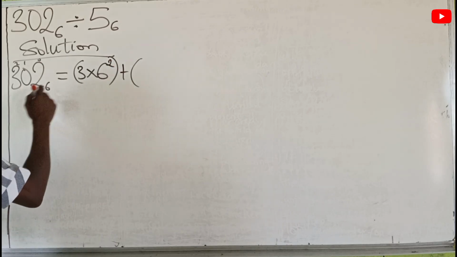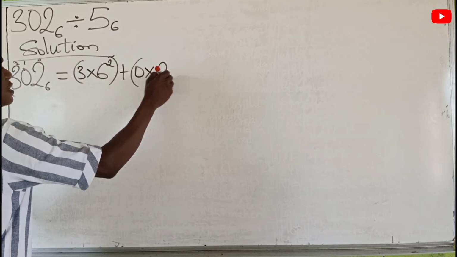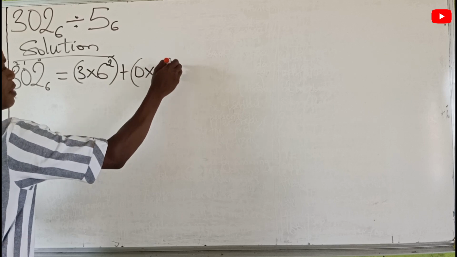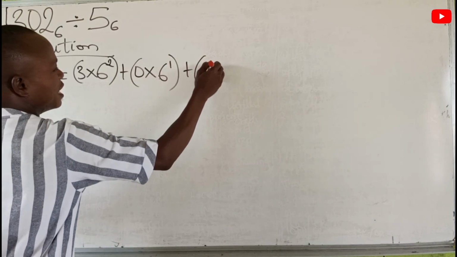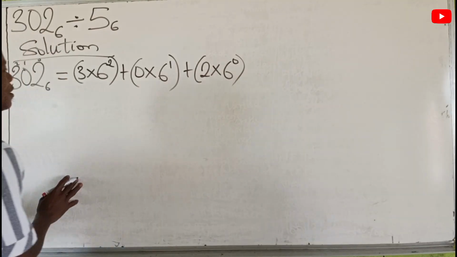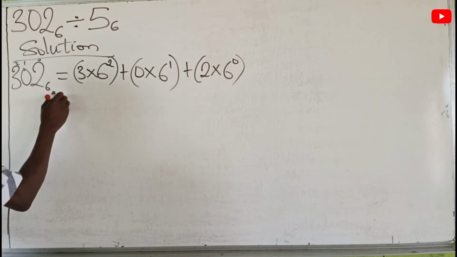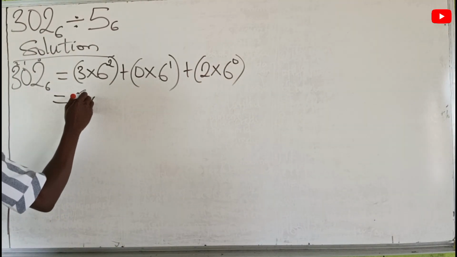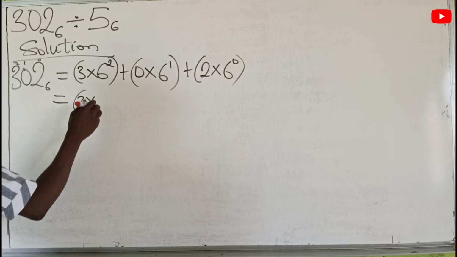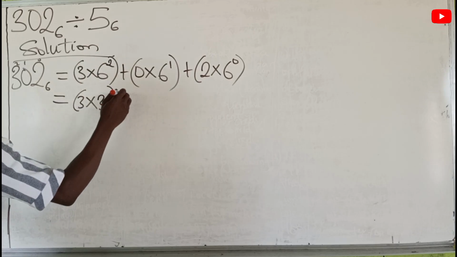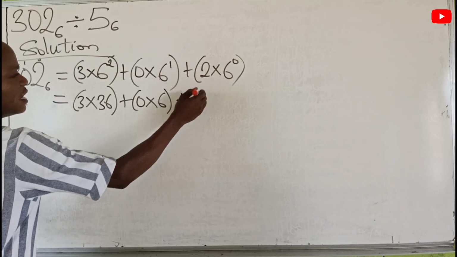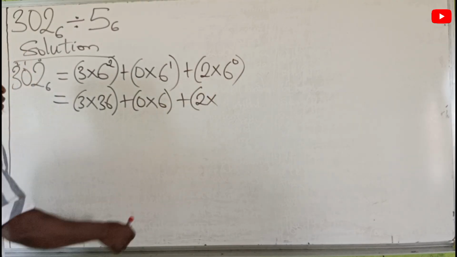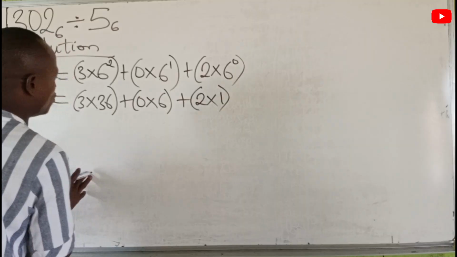Plus the next one is 0 times 6 raised to the power of 1. And the last one is 2 times 6 raised to the power of 0. This is now equal to 3 times 6 raised to the power of 2, which is 36, plus 0 times 6 raised to the power of 1, which is 6, and then lastly, 2 times 6 raised to the power of 0, which is 1.